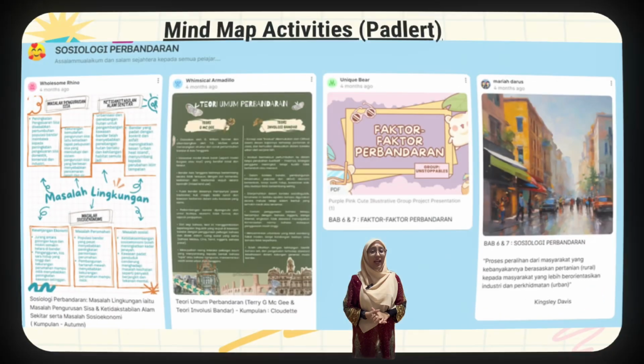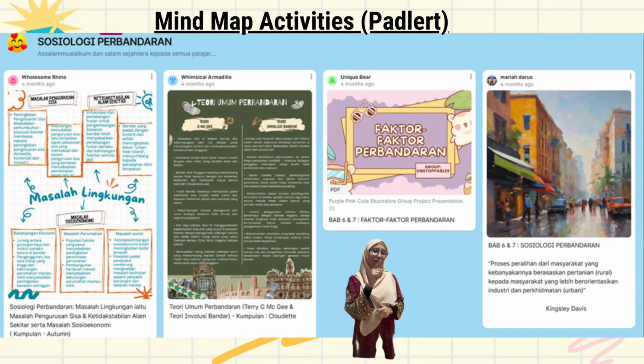So, what did I do in class? The first is I asked students to introduce themselves using Padlet. They share who they are, their interests, and their expectations for the course. This activity acts as an identity mapping exercise that allows me to recognize their background, motivation, and learning identification.